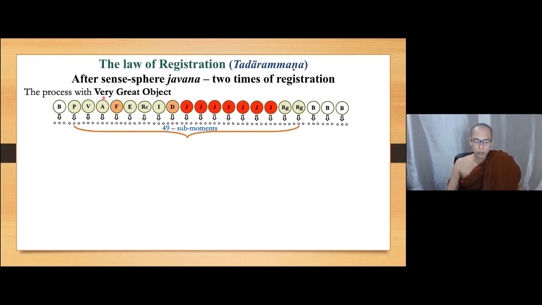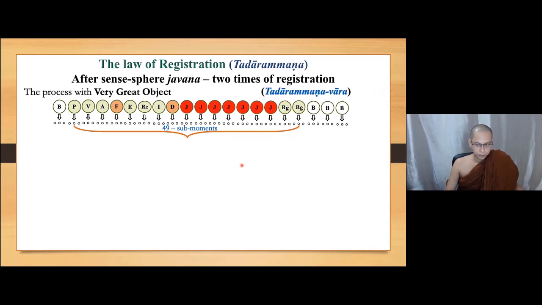This is called the very great object. Whether the eye door or the ear door, as long as the conditions are complete, the registration moment will follow in the five sense doors, and it has to complete the 17 mind moments duration. This is called the very great object.